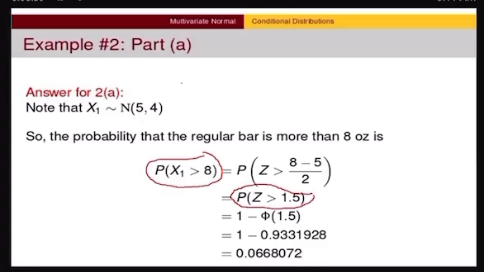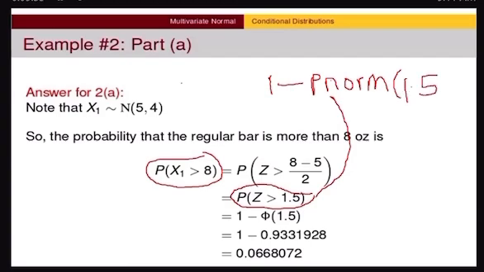With a z-score, I can check the normal table, or I can use code. In R it's going to be 1 minus pnorm of 1.5, which automatically gives you this result.